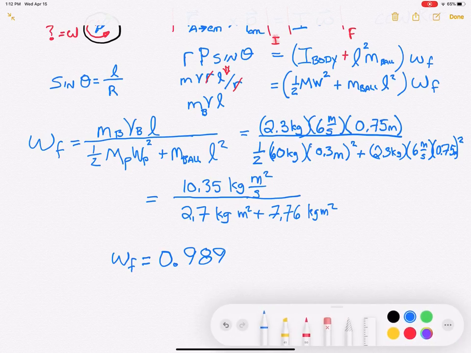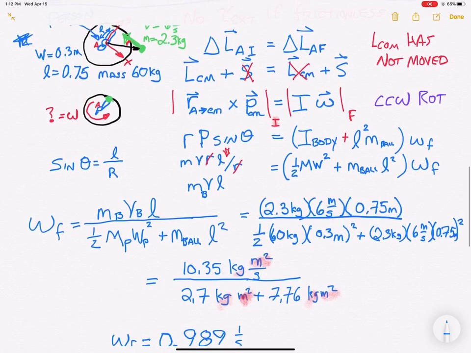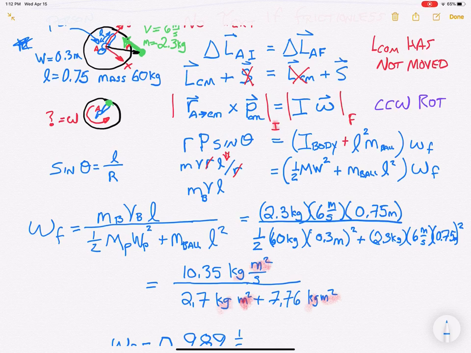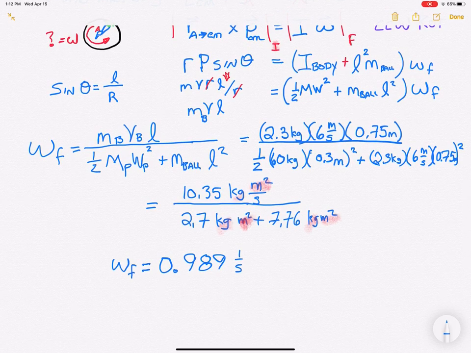And you'll notice from our units, we have kilograms in all of the pieces down below. I have meters squared in all the pieces down below. So I'm left with just 1 over second, which is the appropriate unit for omega. Rotating at that rotation speed, I'm not entirely surprised given the numbers are all point somethings, that we come up with something about 1. So those are our 2 examples.